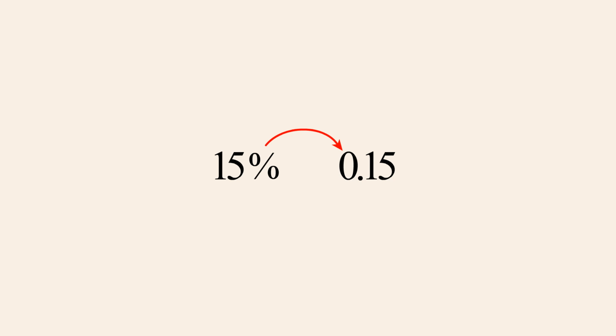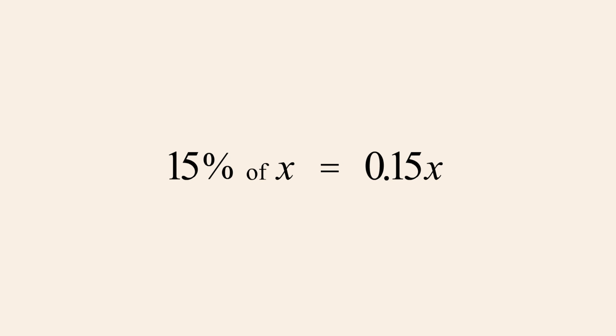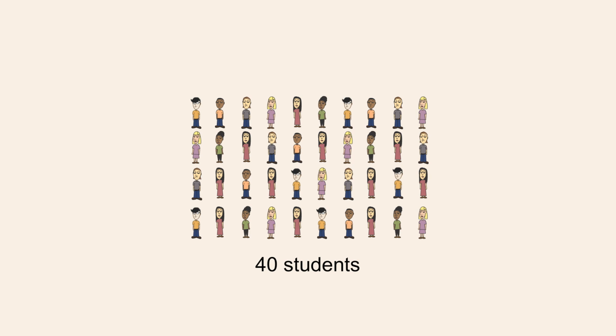Decimal equivalents of percentages are sometimes easier to work with. For instance, instead of writing 15% of x, we can simply write 0.15x. Let's say, for example, that out of a class of 40 students, 15% received an A on a test.